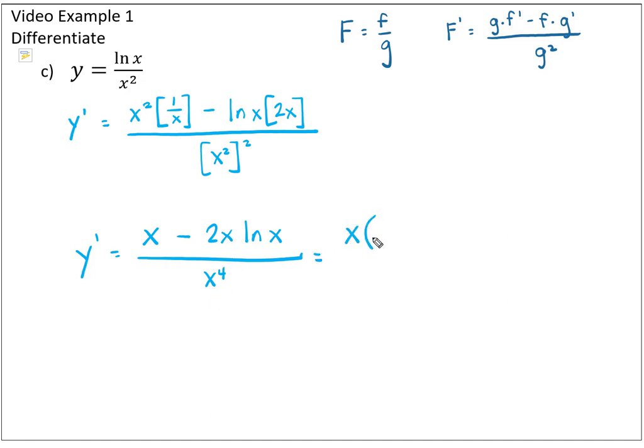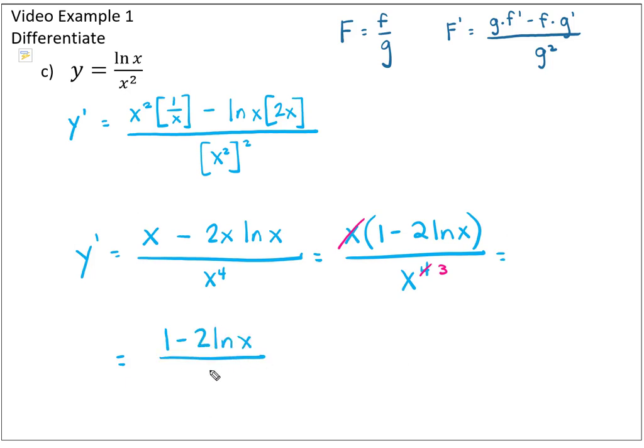I get an x times 1 minus 2 ln of x all over x to the 4th. That can reduce. So the x here and the power there. And so I end up with 1 minus 2 ln of x all over x to the 3rd power. So there you go. You want to simplify it as much as possible.